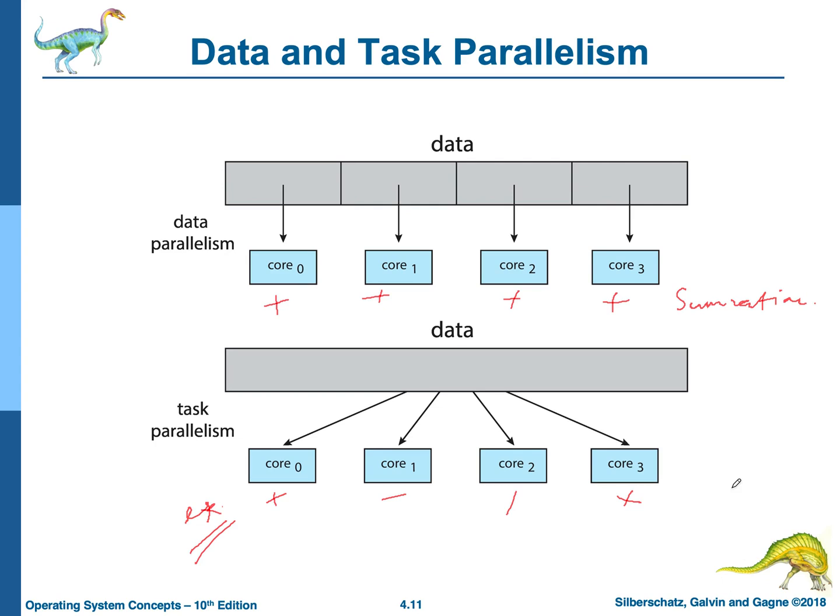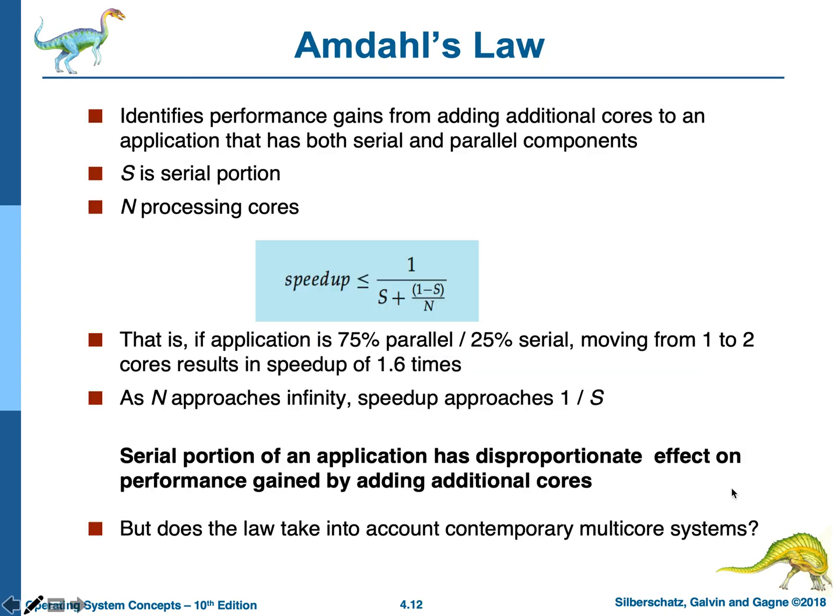You have to decide whether you have to perform task parallelism or data parallelism. Furthermore, Amdahl's law. Now, what happens if your data grows? If your data keeps on growing, and you have a task to perform, maybe an application which is running, which is required to run 25% in serial and 75% in parallel.